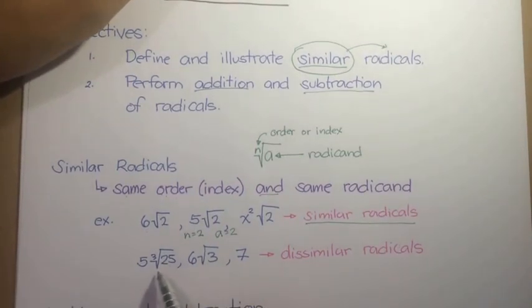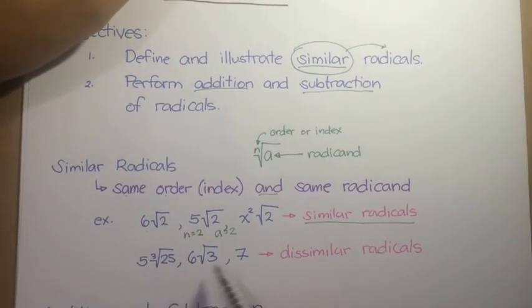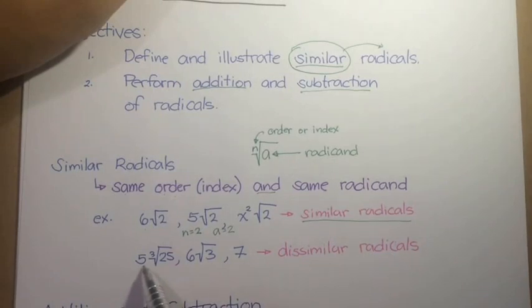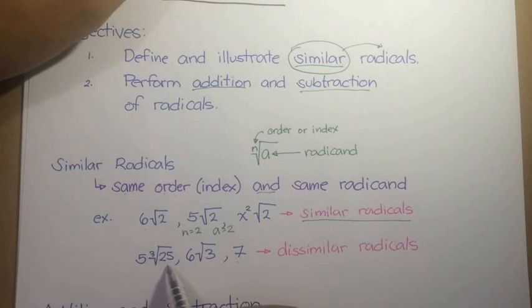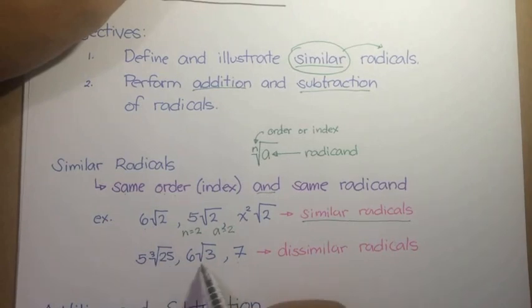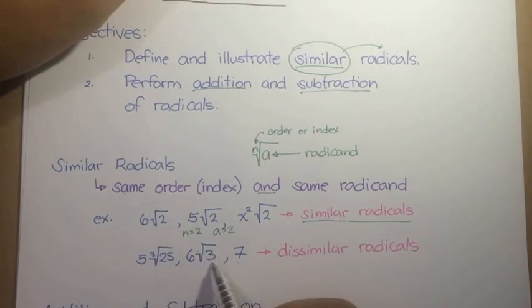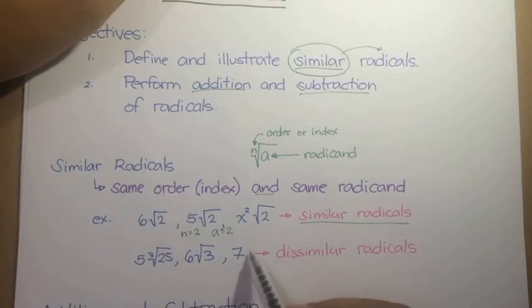For another set of values, we have 5 cube root of 25, 6 square root of 3, and 7. The first radical has an index of 3 and a radicand of 25. The second has an index of 2 and a radicand equal to 3. And this value, 7, doesn't have a radical at all.